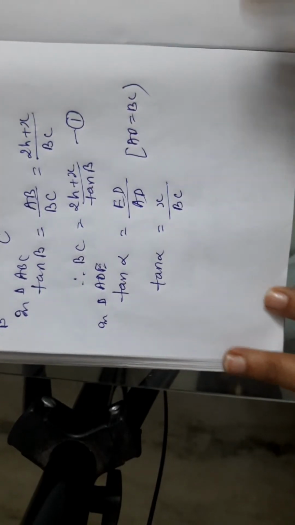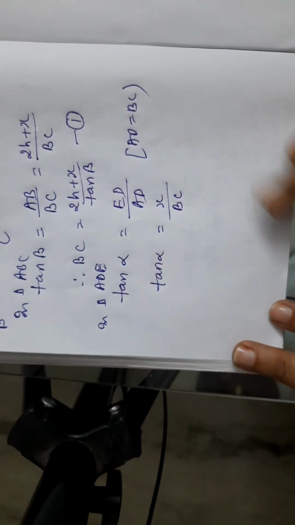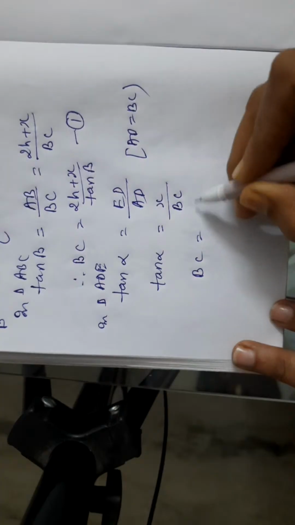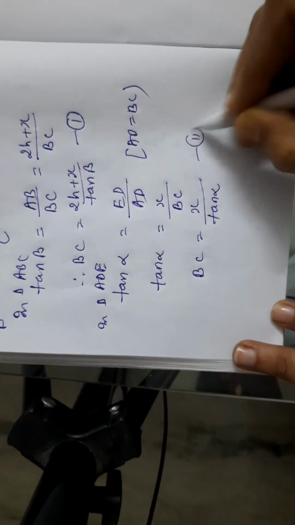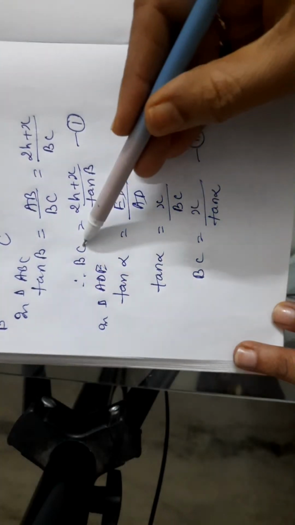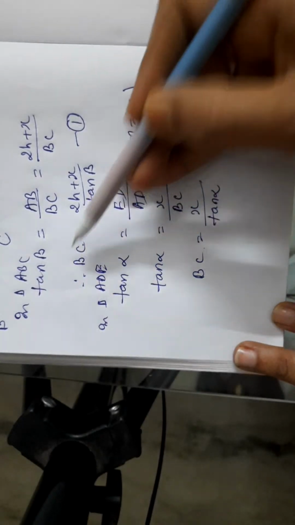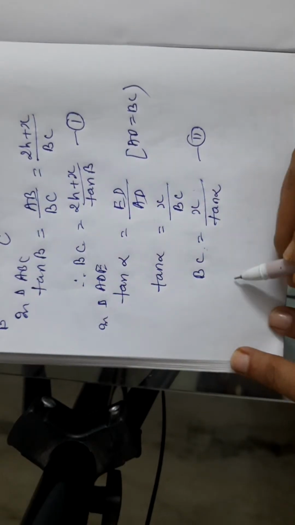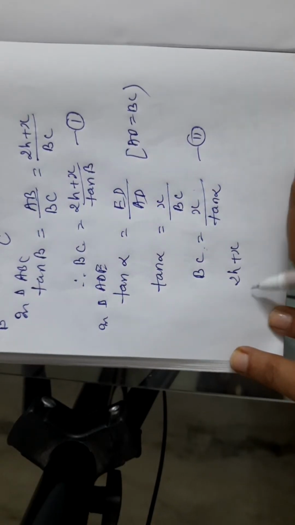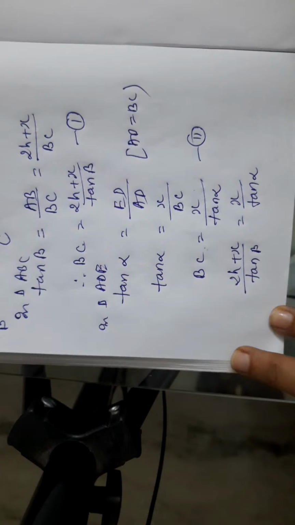Shifting BC in place of tan alpha and tan alpha to the denominator, BC is equal to x upon tan alpha. This is the second equation. Both equations are equal to BC, so we compare the right hand sides. Thus 2h plus x upon tan beta is equal to x upon tan alpha.